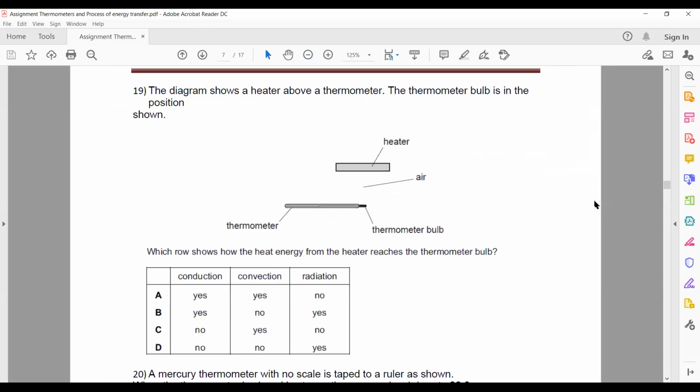Question 19. The diagram shows a heater above a thermometer and the thermometer bulb is in position. Which row shows how the heat energy transfers from the heater and reaches the thermometer?